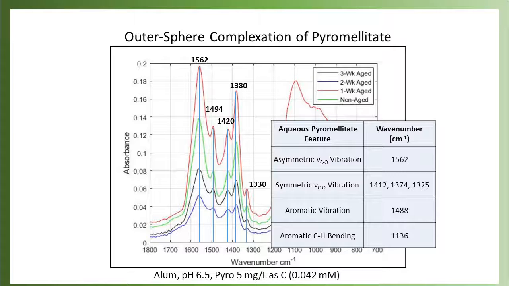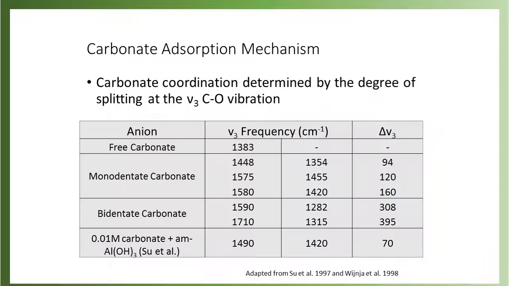What that tells us is because our adsorbed pyromellitate case strongly resembles aqueous pyromellitate, we're not getting any substantial inner sphere complexation where we would see different bands, but rather we're getting outer sphere complexation due to the likeness with the aqueous pyromellitate signature, approaching more of that bidentate as they move higher.